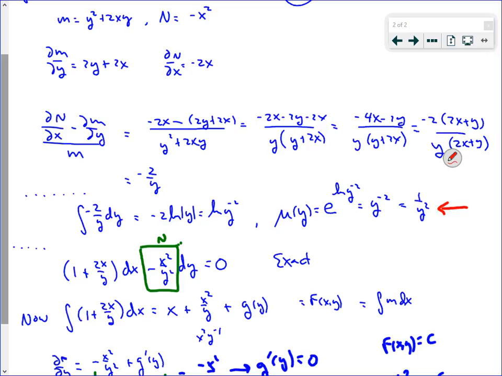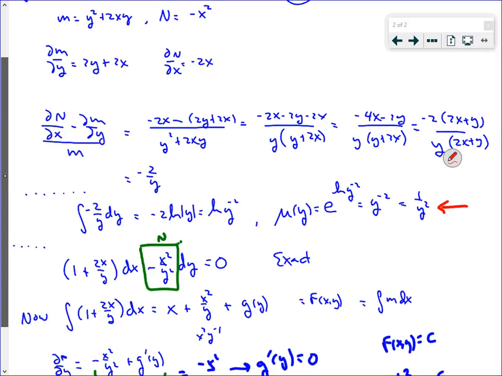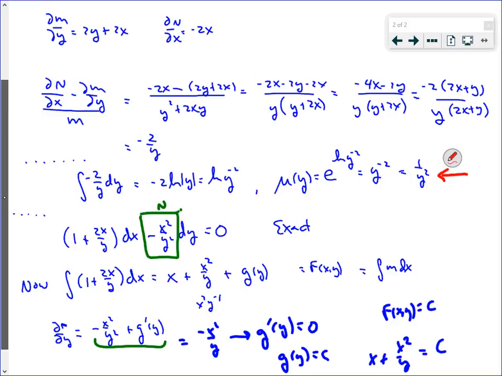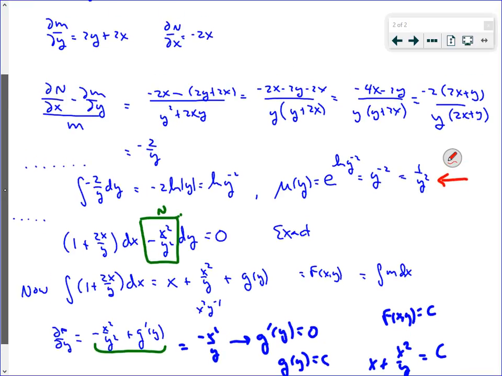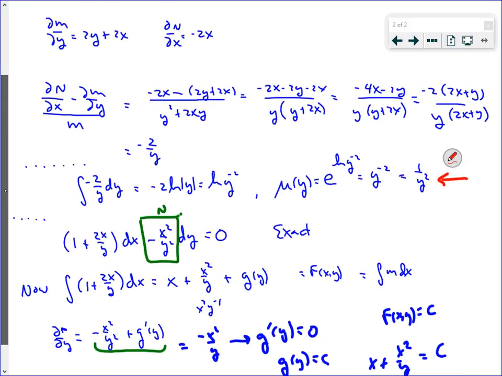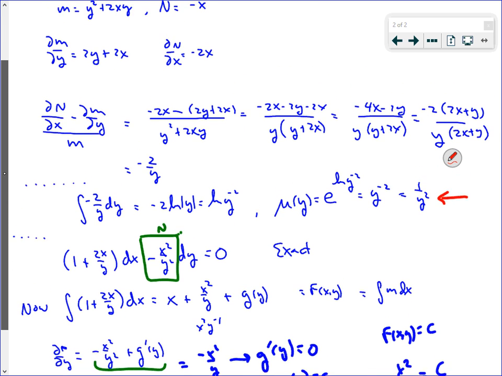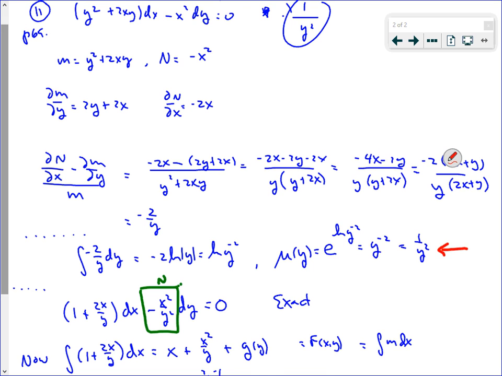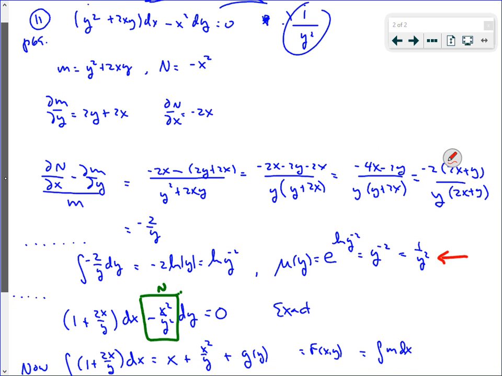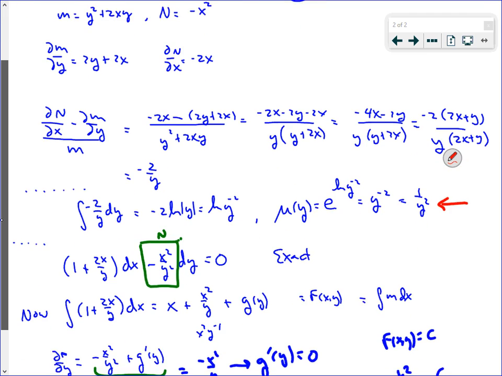We multiplied through by 1 over y squared. And that meant that we're assuming that y is not equal to 0. When you have an integrating factor, they point out there, and it may have gotten lost in all of this, when you multiply through by an integrating factor, you might actually be throwing an answer away. Okay. And that is true in this case.